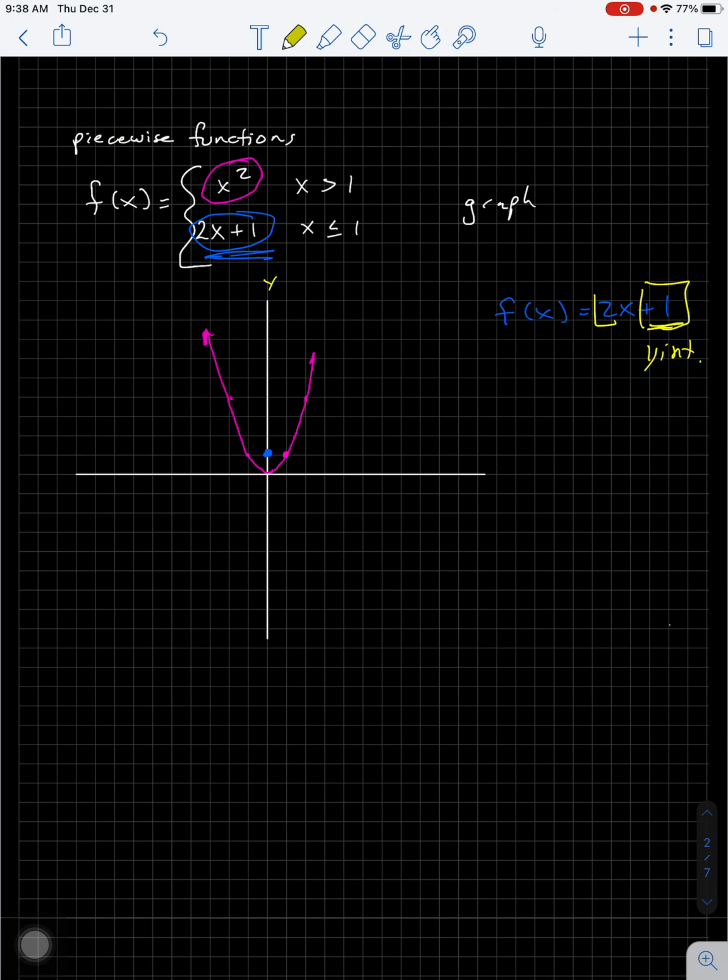And then this number right here in front of the x, the 2, is the slope. And the slope wants to be in fraction land. So since it's a whole number 2, I write it as 2 over 1. And this is how much you go up or down, depending on the sign. If it's positive, you go up. If it's negative, you go down. And this number down here is how much you go right.